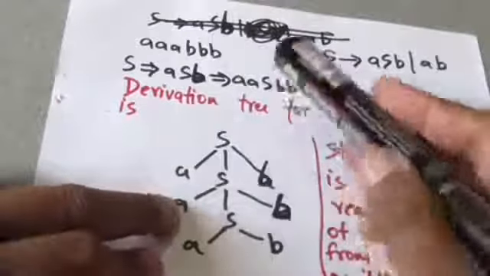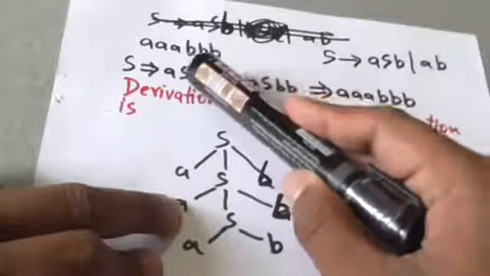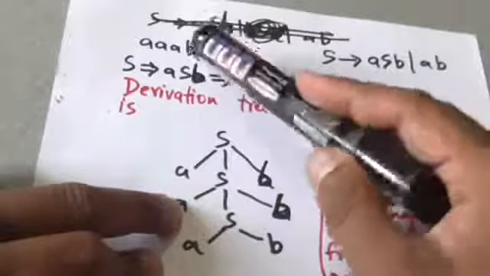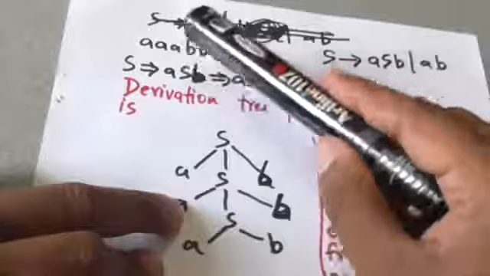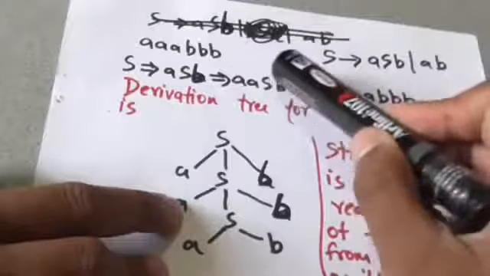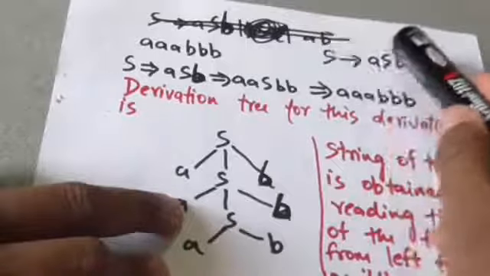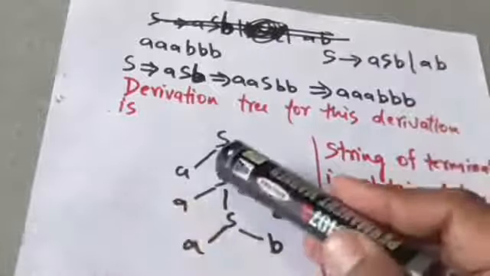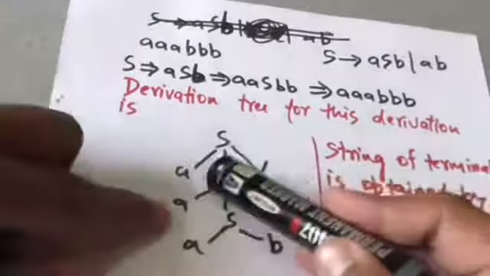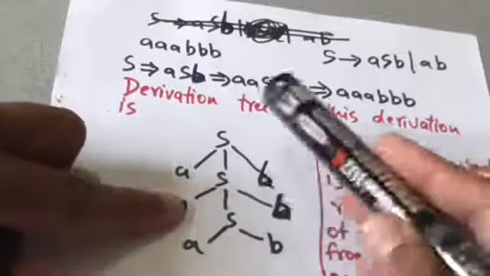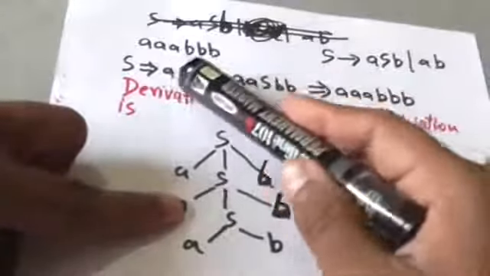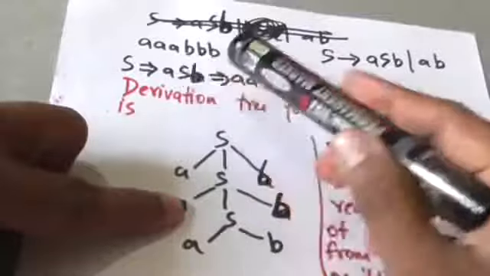Now again, here we have replaced S by aSb. It means we have applied the production rule S derives aSb. So again, the children of S must be a, S, b, because here we have applied this production rule S derives aSb, right?